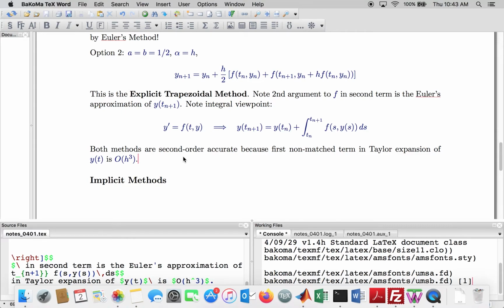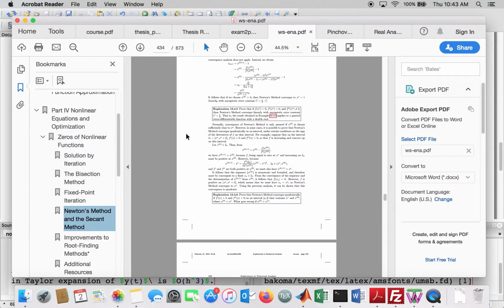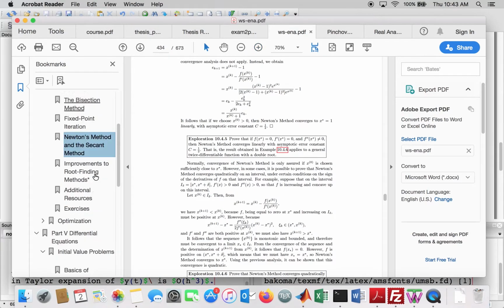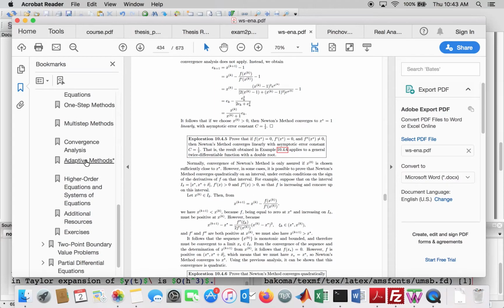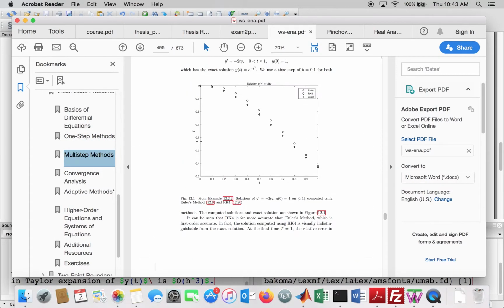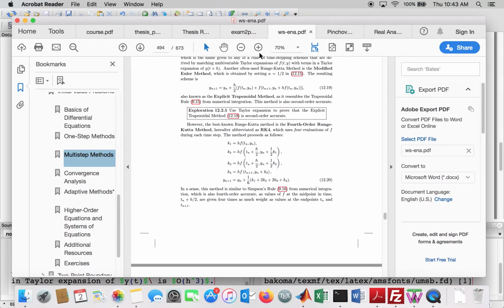Now, the best known Runge-Kutta method, I won't go through the trouble of typing it out, is fourth order Runge-Kutta. I'll make it bigger.